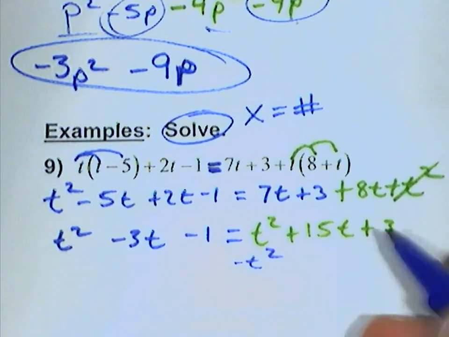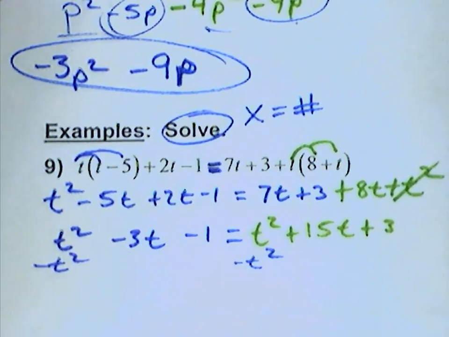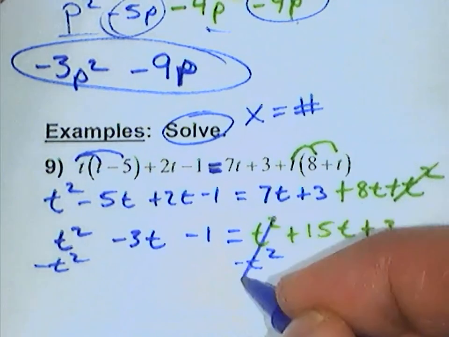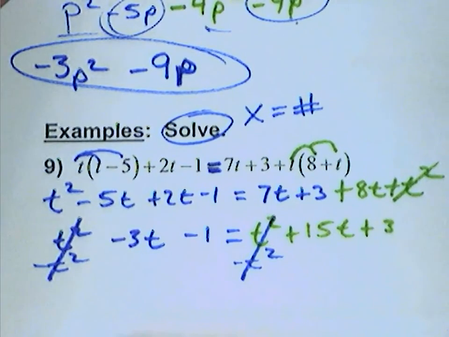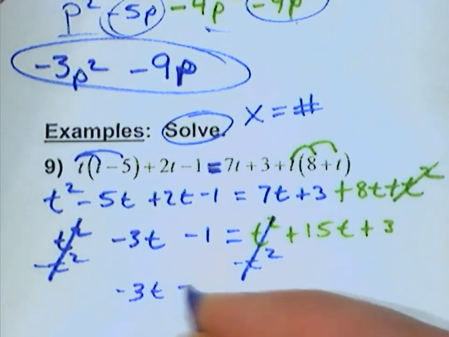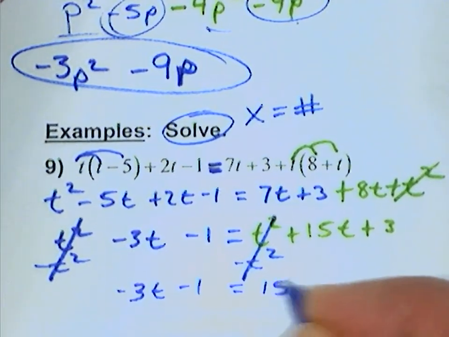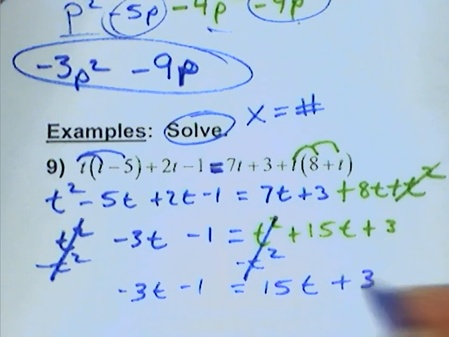Let's subtract that guy over. What's t squared minus t squared? What's apple minus apple? Nothing, right? That guy cancels. Look at that. So now I've got negative 3t minus 1 equals 15t plus 3.